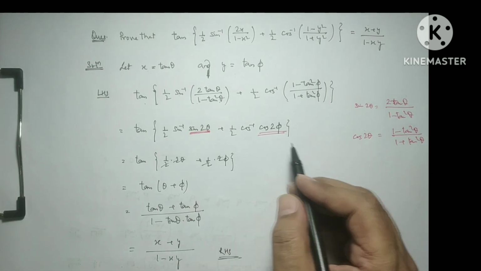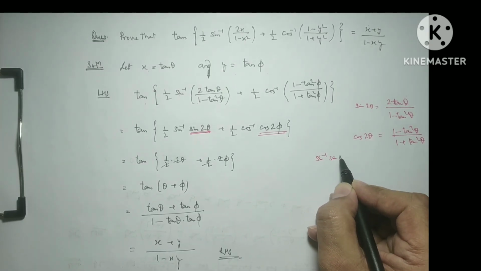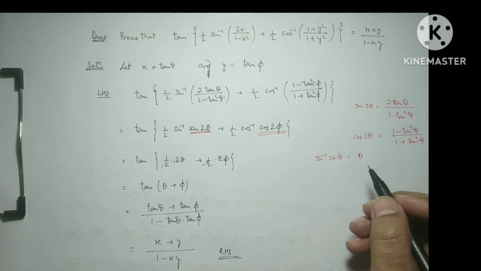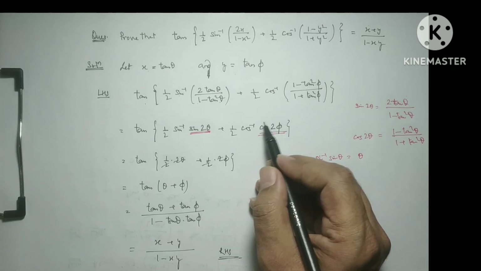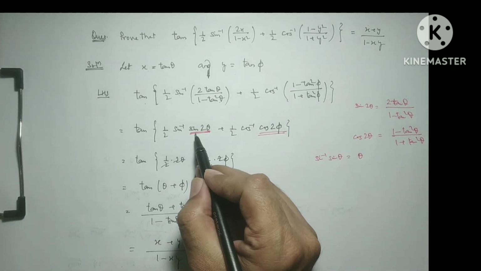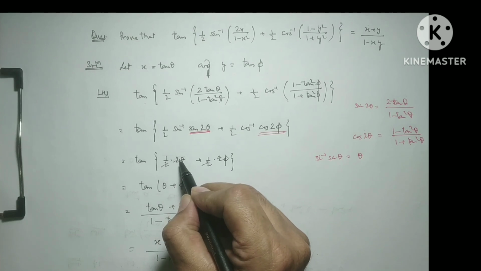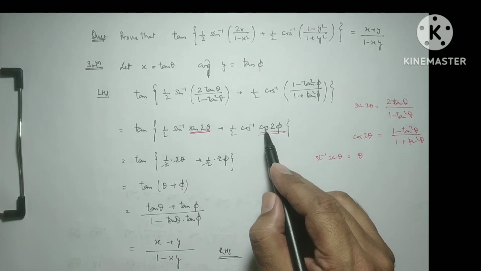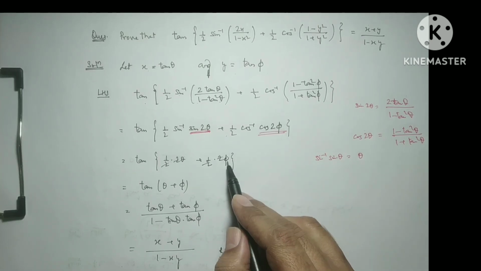Right now sine inverse of sine theta becomes theta only, an angle, and in the same way you can use it with cos. So it is neutralized, you get 2 theta, and cancel out these two, you get only theta, and in the same way cos inverse and cos will be neutralized, and when you cancel this 2, you get phi only.